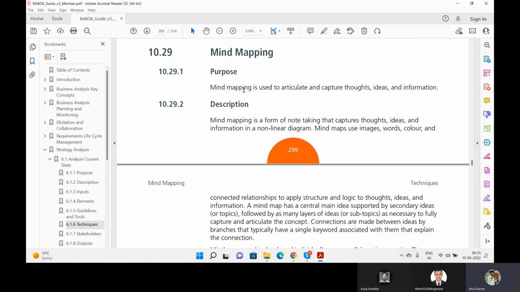Mind mapping is used to capture the different areas of a particular concept, of a particular word. You can capture the thoughts, you can capture the ideas, you can capture the information. It is note taking.